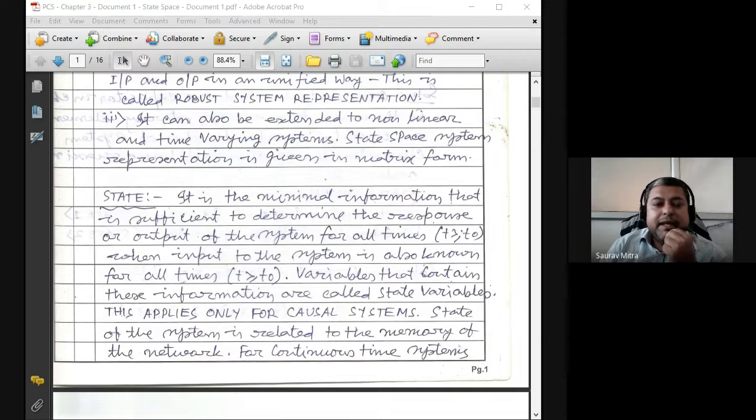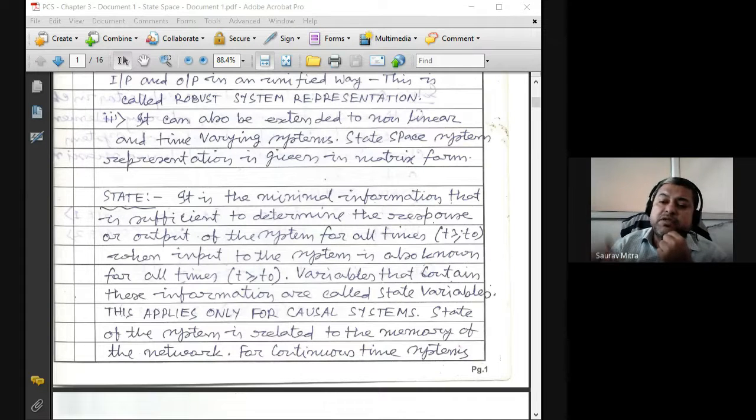Maybe next day we will see that the state variable representation changes if we take different state variables. So what is meant by state? If you take the equation of i_L(t) and the equation of v_C(t), and keep substituting different values of t, you get different values of i_L(t) and v_C(t).